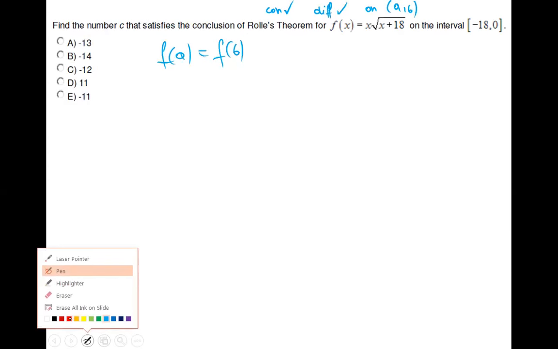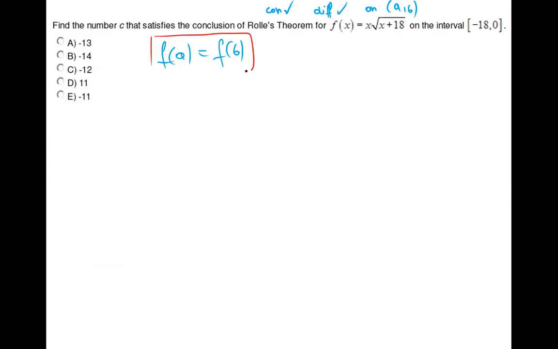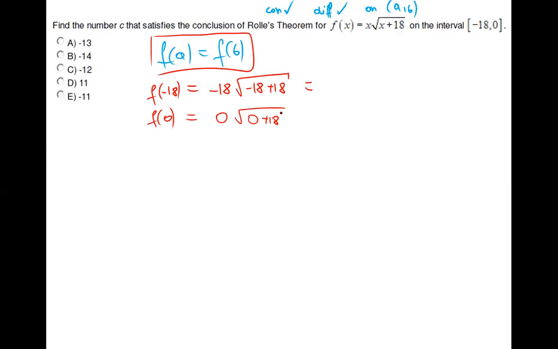That means let's just check this. The value at negative 18 is supposed to be the same as the value at 0. Negative 18 plus 18, and 0 plus 18. Okay, I believe the value is 0.